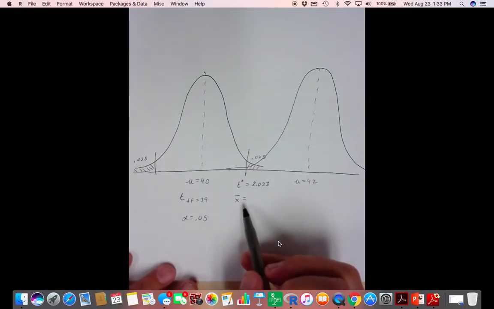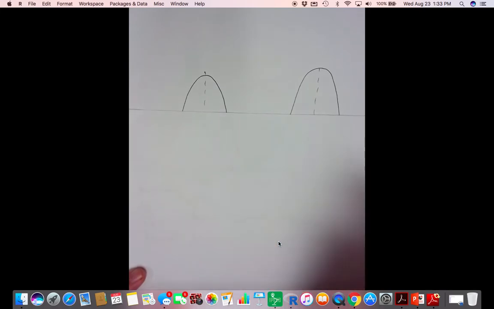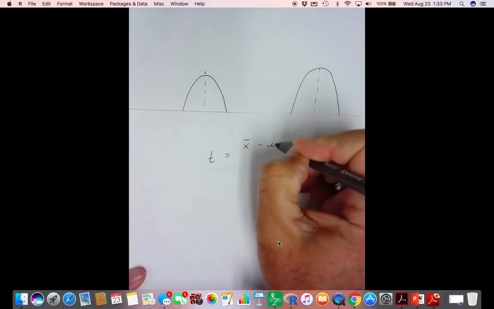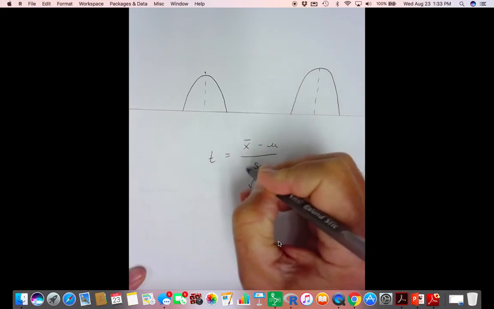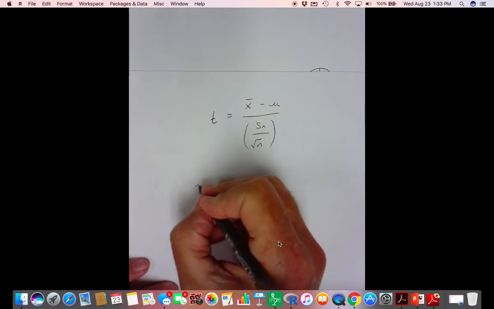So now my X bar, I'm going to get another sheet of paper. So again, using T equal X bar minus mu over the standard deviation over the square root of n. So my T is 2.023.